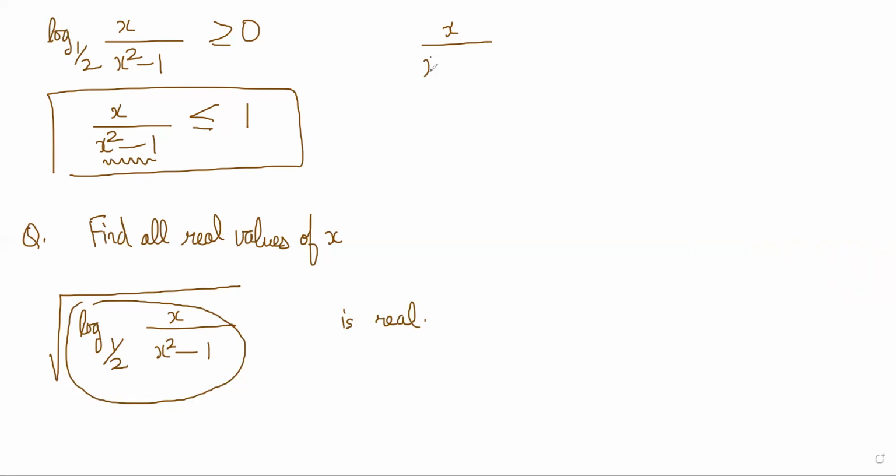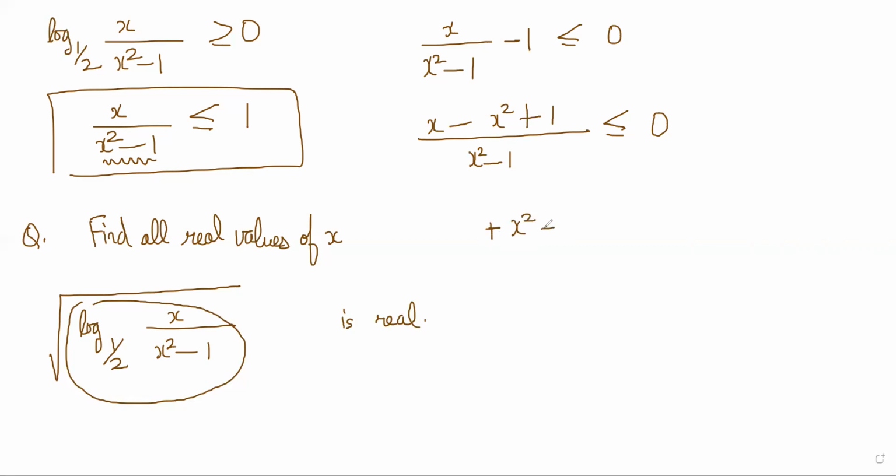Subtract 1 from both sides. So we have to do this, and it will be x minus (x square minus 1), that is x minus x square plus 1, by x square minus 1, is less than or equal to 0. Then you can multiply by minus 1 on both sides this time, right? Yes, you can, because now you know what you're doing. So x square minus x minus 1 by x square minus 1 is greater than or equal to 0, right? And now it's two factors, one top factor, one bottom factor.